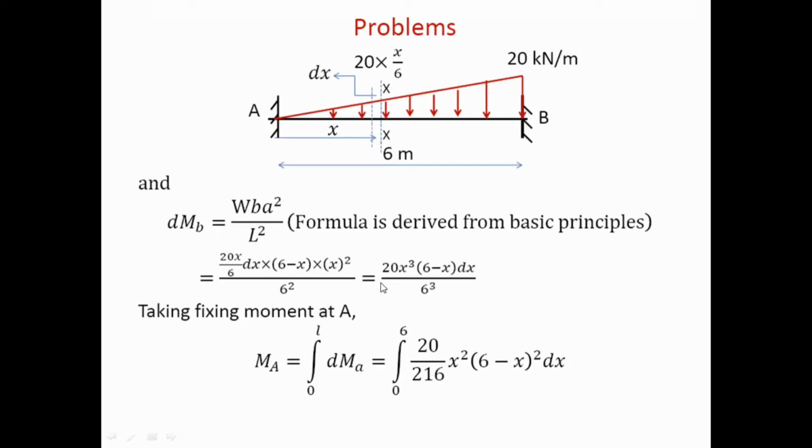Now we have to find the final fixed end moment for support A, which will be nothing but the integration of dMA. What is dMA? It is 20x square upon 6 cube, and 6 cube is 216, into 6 minus x square dx.